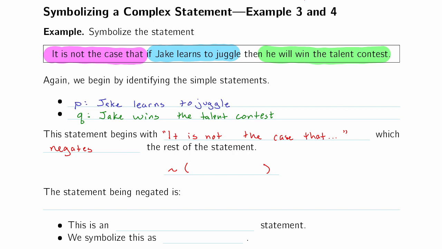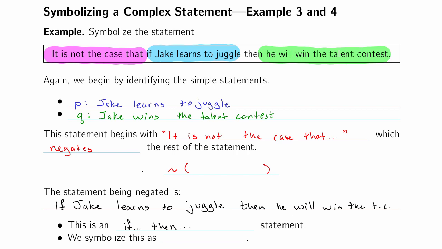Okay, so in this statement, what is it that is not the case? Well, it is not the case that if Jake learns to juggle, then he will win the talent contest. And I ran out of space, so I abbreviated talent contest. That's an if-then statement with a simple statement for the if part and a simple statement for the then part.